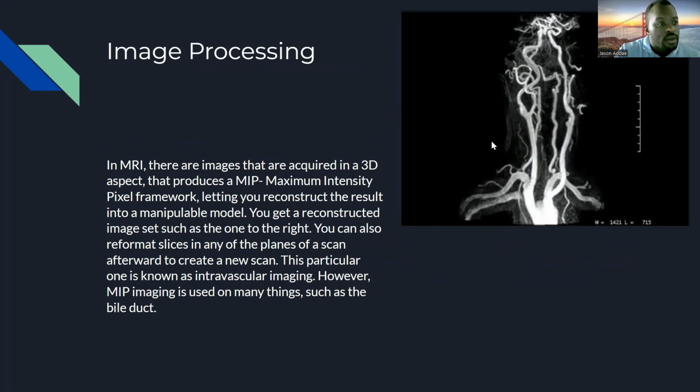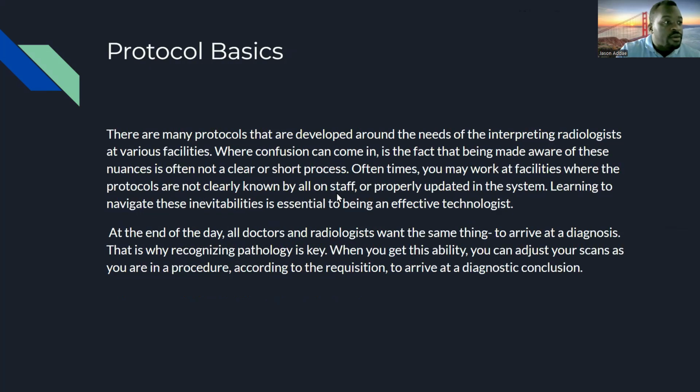Here you have angiography, a restructured image. You reformat the slices and you create what's known as a maximum intensity projection, which highlights the vessels as you can see here. Very handy stuff.